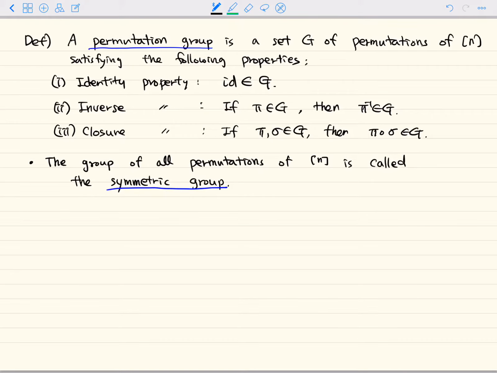In fact, in group theory, we can define groups in a more abstract way, but for our purpose, this definition is enough.